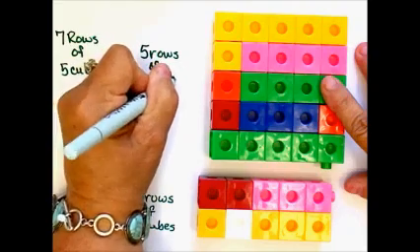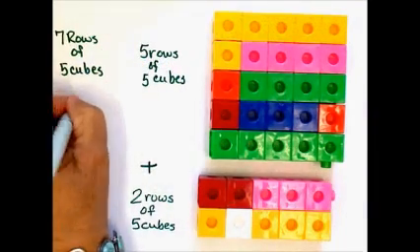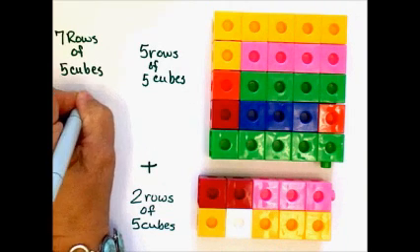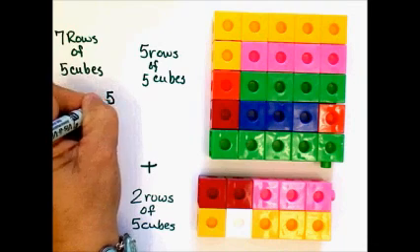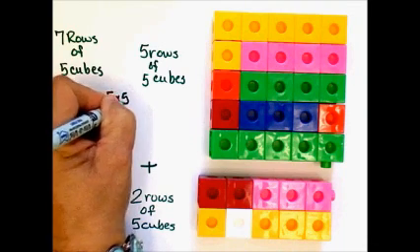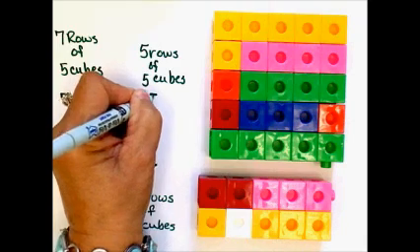And this is actually the distributive property. This is saying that 7 times 5 is equal to 5 rows of 5 plus 2 rows of 5.